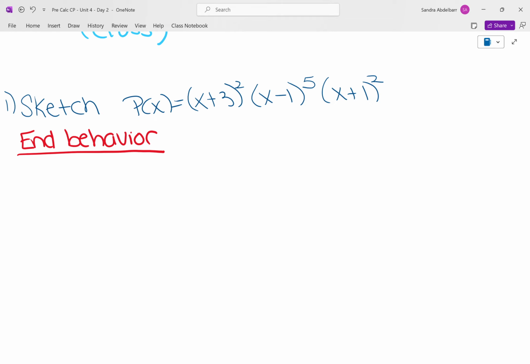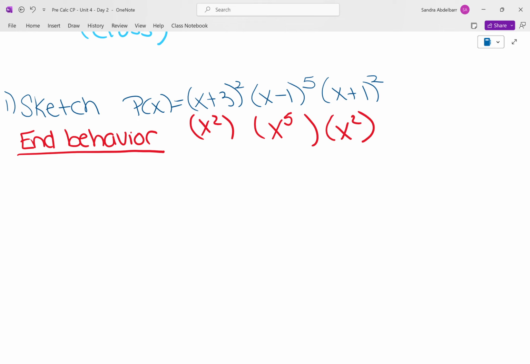Then if I'm taking x minus 1 and raising it to the 5th power, meaning I'm multiplying it by itself 5 times, do we agree the biggest exponent here would be x to the 5th? And then once again, I'm taking the quantity x plus 1 and raising it to the 2nd power, multiplying it by itself. So again, the biggest exponent would be x squared.